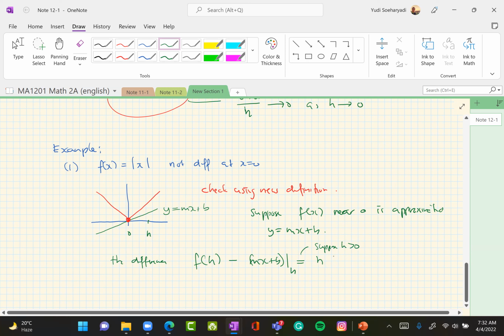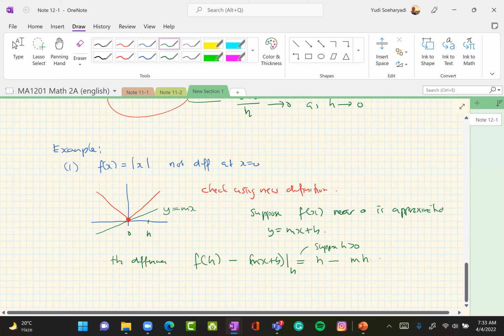Okay, and then minus, you plug in h to mx plus b. Oh, sorry, there should be no b at all. So that's a linear equation.